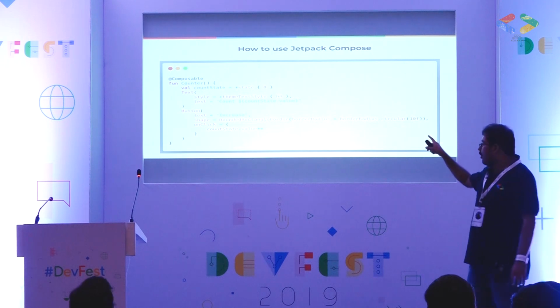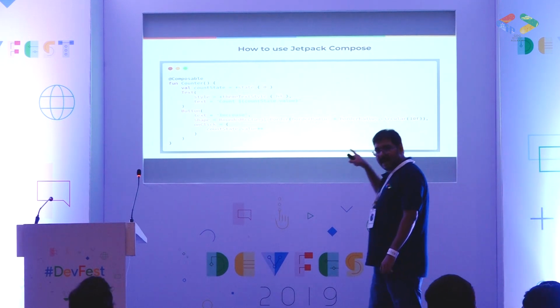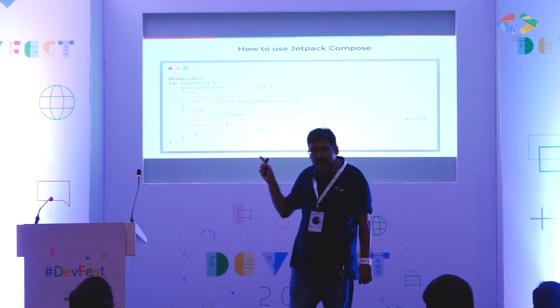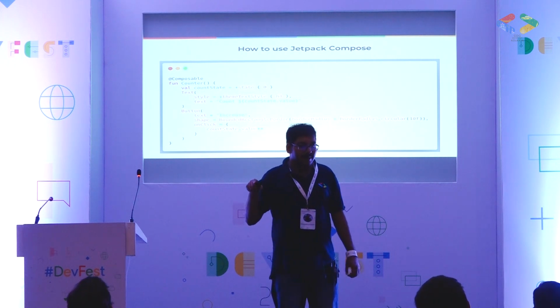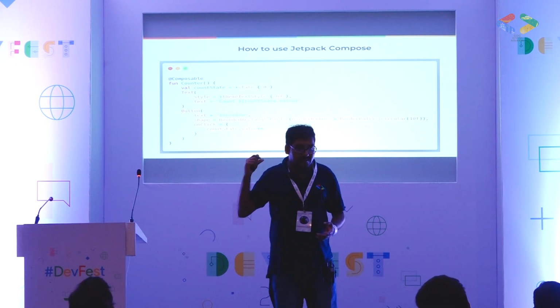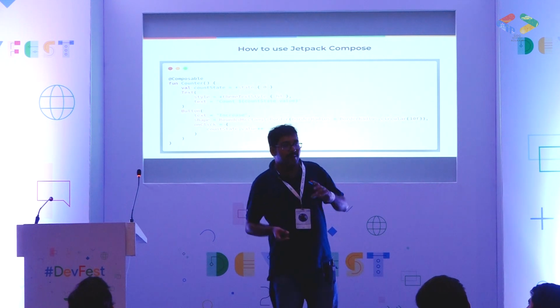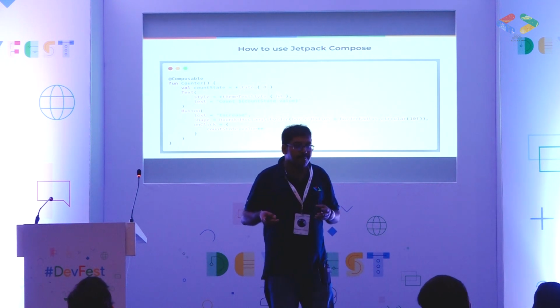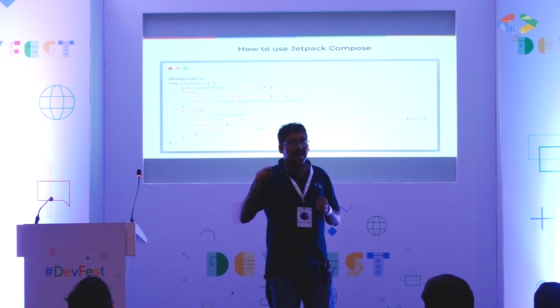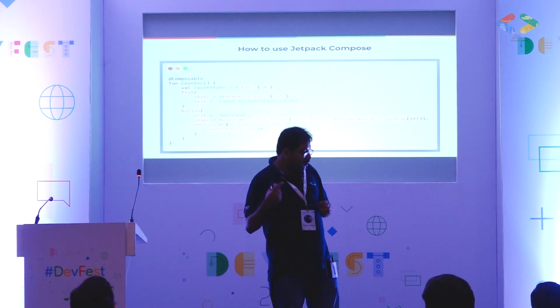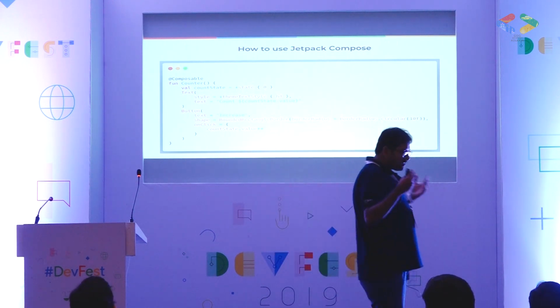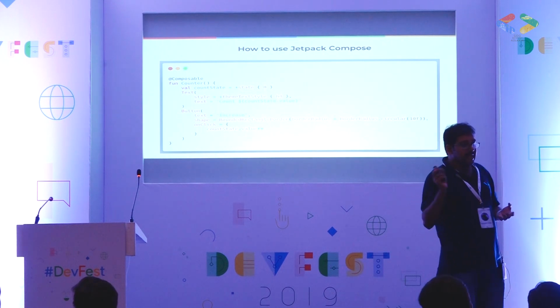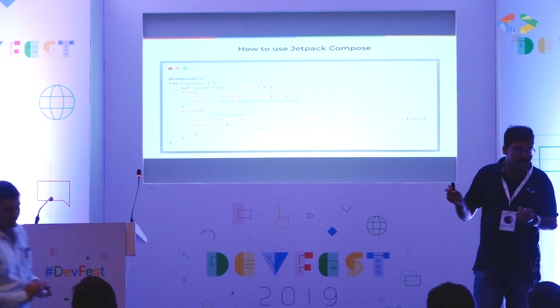So whenever you put that plus state and then lambda, whatever inside that lambda is an integer right now, right? That will get wrapped into a different data type called state. And to increment the value of the state or to access the value of the state, you have to call state.value.